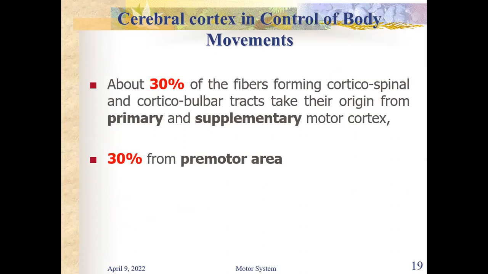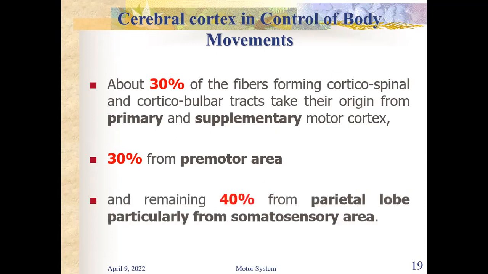distribution of fibers coming from the primary and supplementary motor cortex, from the premotor area, from the somatosensory area as well. Don't forget the somatosensory area also contributes fibers for the motor system, and it contributes direct fibers. It might be corticospinal tract or corticobulbar tract.